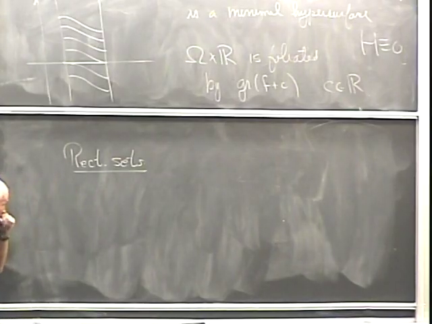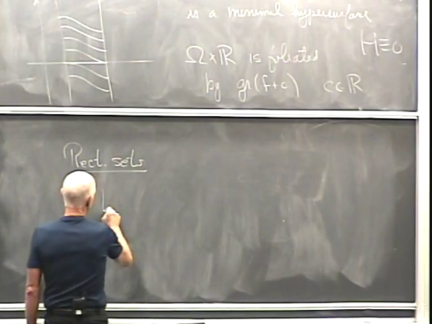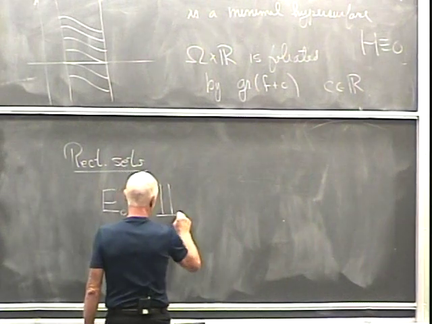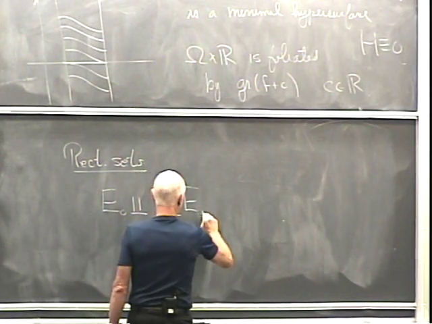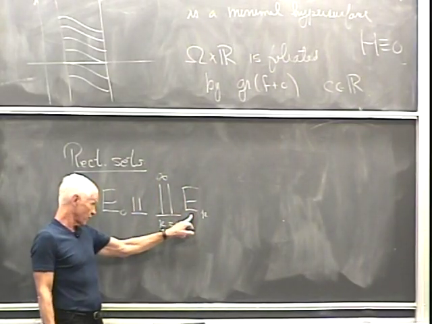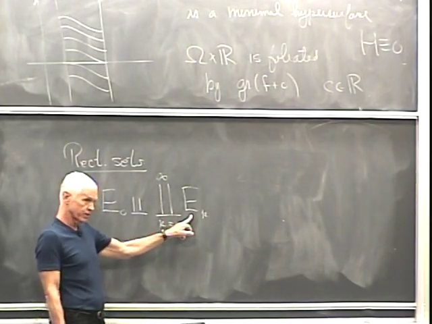Rectifiable sets, well, maybe I can at least give the definition. A set is said to be rectifiable in dimension p if it can be written as a disjoint union of Hausdorff p-dimensional measurable subsets.